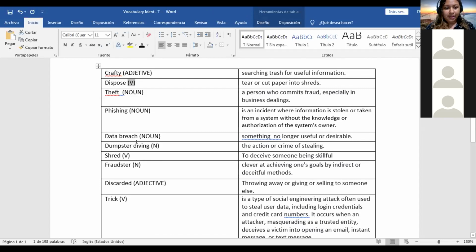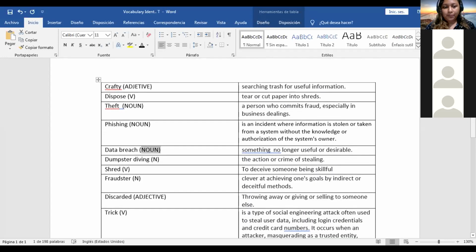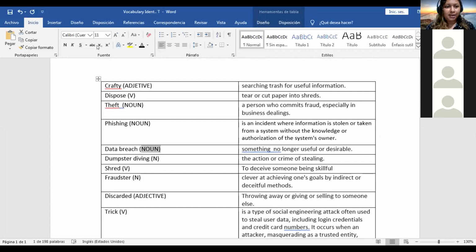If it is a noun, it goes as the complement of your sentence, or it can also be the subject. So just use your imagination and put together 5 words to make some examples. This is to help us remember the vocabulary. Here we go.